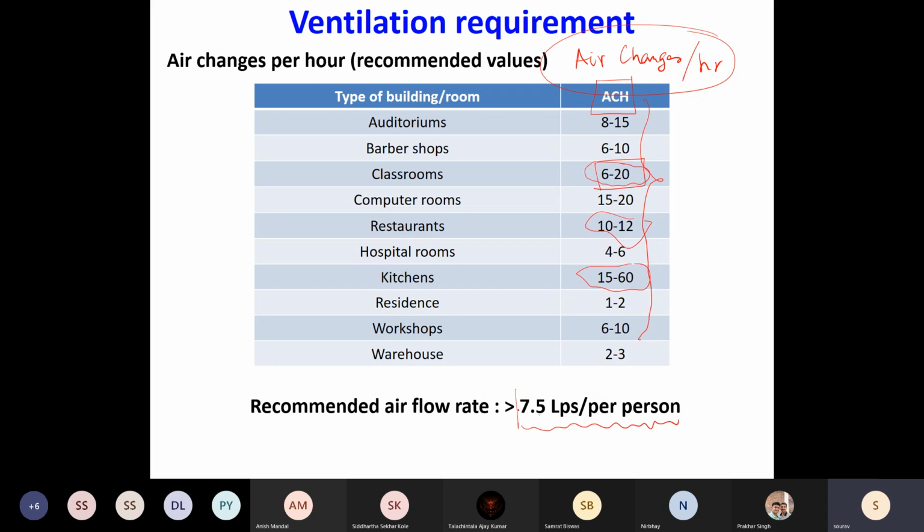As I told you, if you are not able to evaluate in which category you lie, it is easier to create your own ACH value by assuming 7.5 liters per second per person as the minimum ventilation requirement. And then you see how many people are there inside your room, what is the volume of that room, and then you can back calculate what is the ACH required for your particular room.